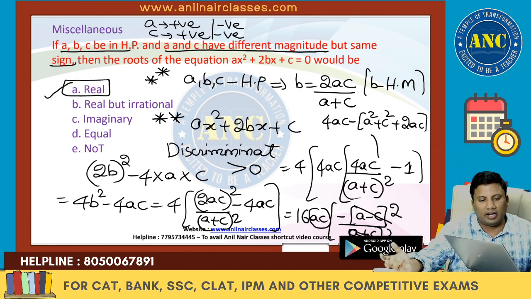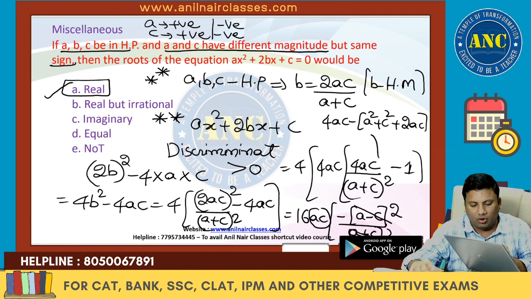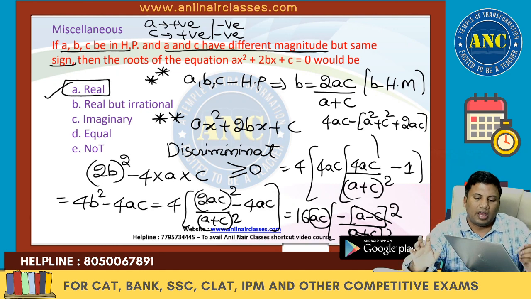Greater than or equivalent to 0, because we do not know, A could be equivalent to C. So discriminant is greater than or equivalent to 0. I hope it is clear.